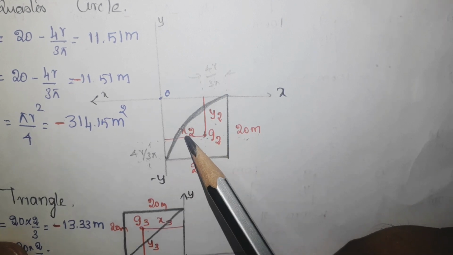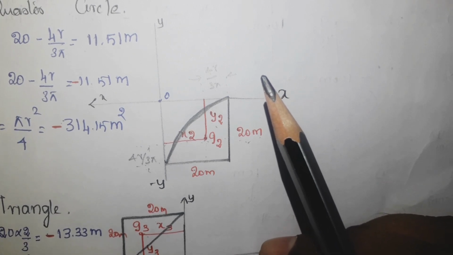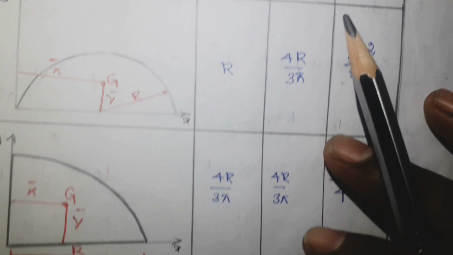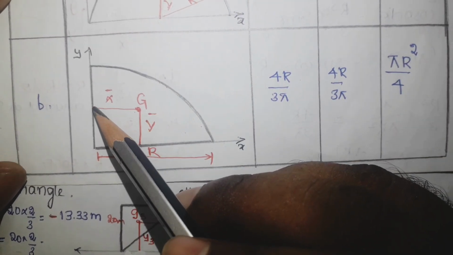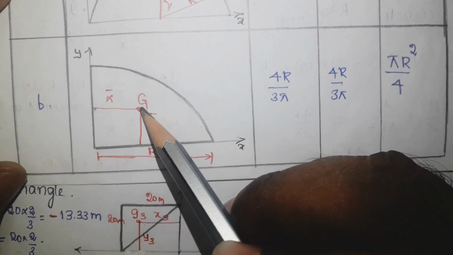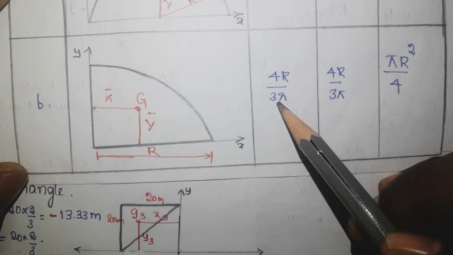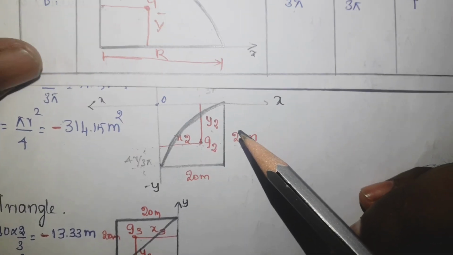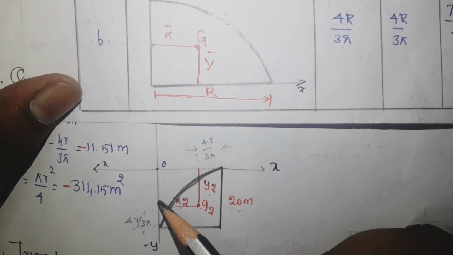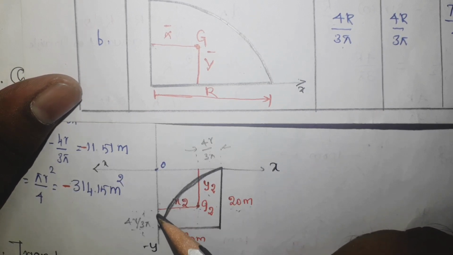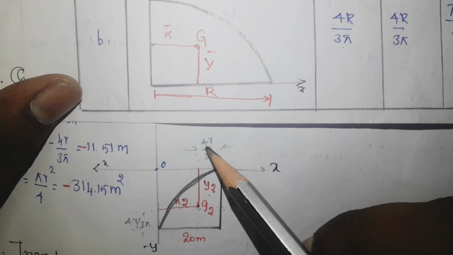But we know that this is the radius end and this is the centroid. From the radius end to the centroid it is 4r by 3 pi. But in this case, this is the y axis, where the curvature end is touching, this is the radius end. From this to this it is 4r by 3 pi.